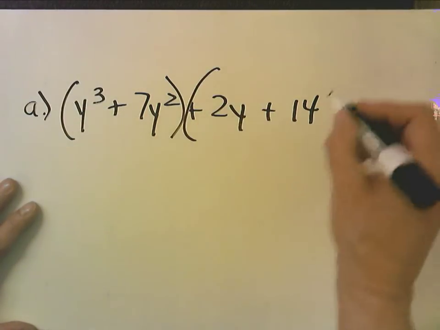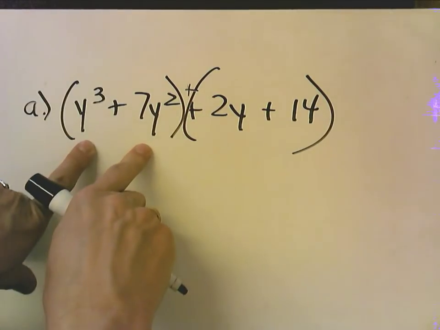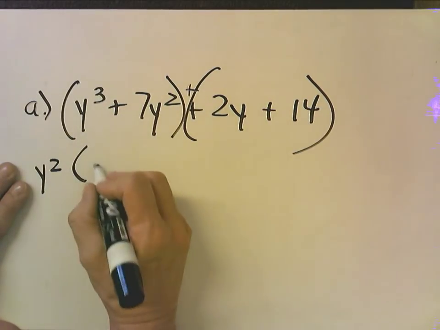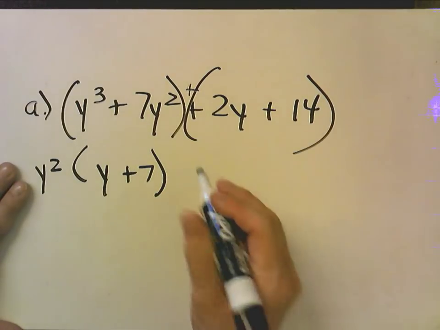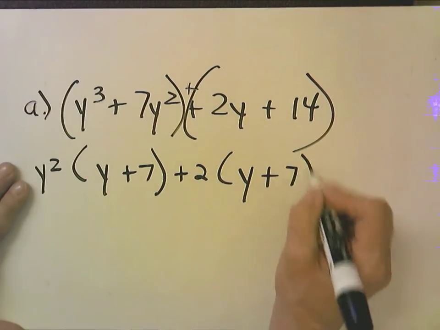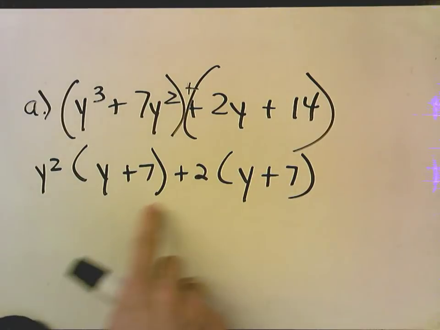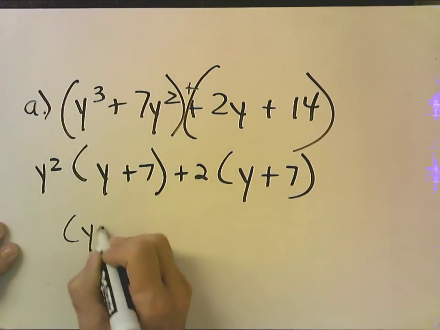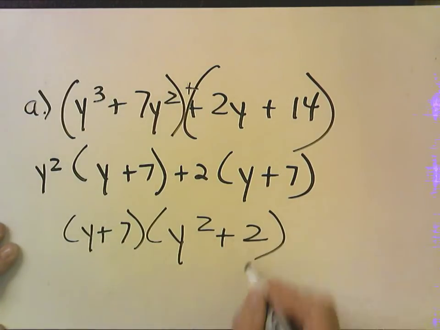I'm going to group these two and these two. I notice the first two terms have y squared in common. When I factor out y squared, I get y plus 7. I notice this has a 2 in common. When I take it out, I get y plus 7. Now look what I have. I have y squared times (y + 7) plus 2 times (y + 7). I notice (y + 7) is my common factor, and I'm left with y squared plus 2.